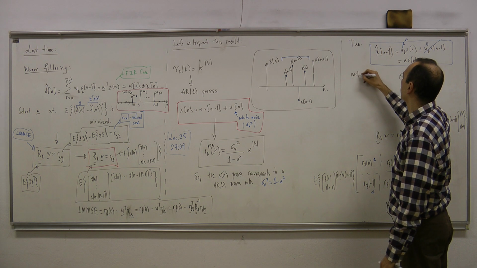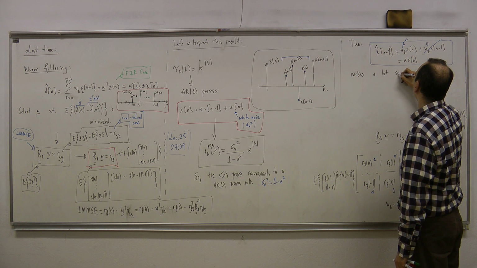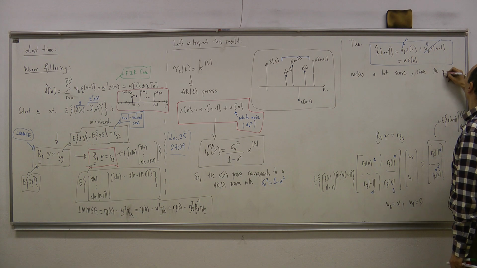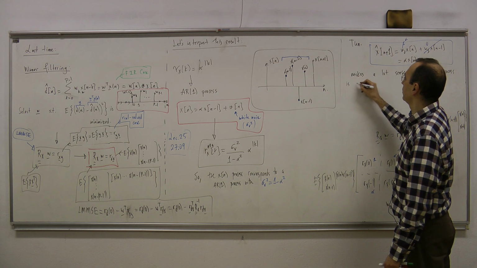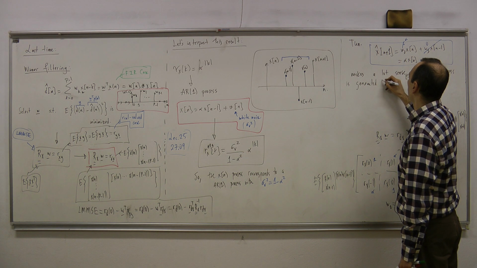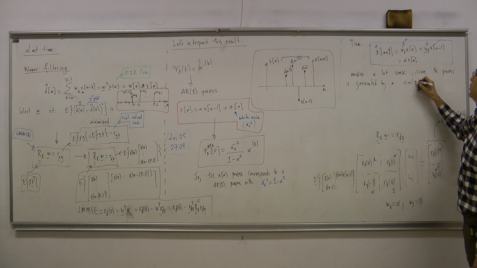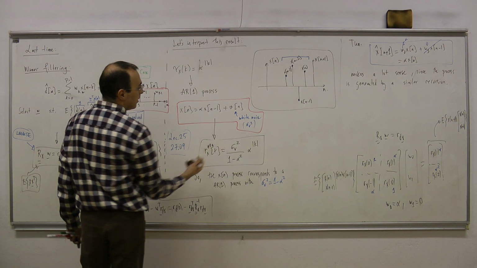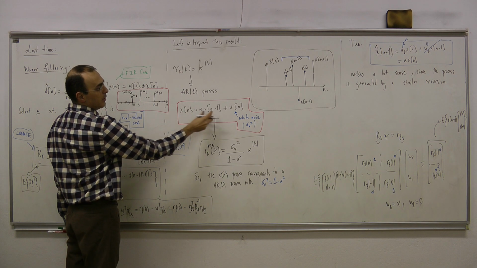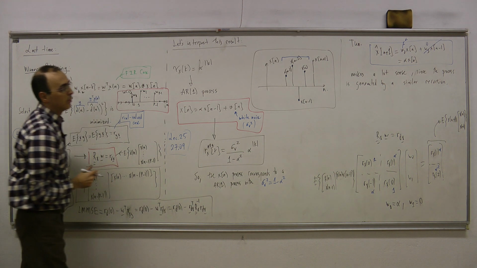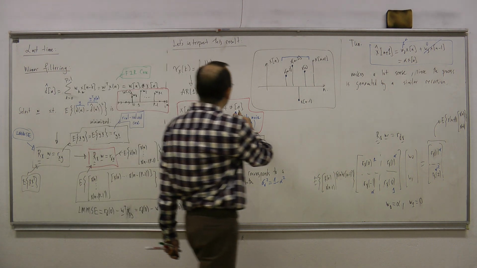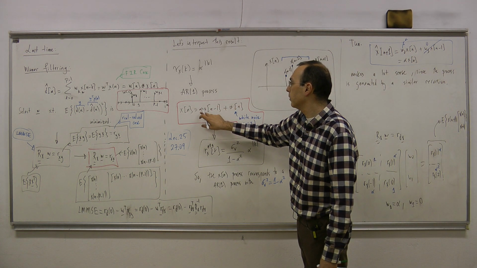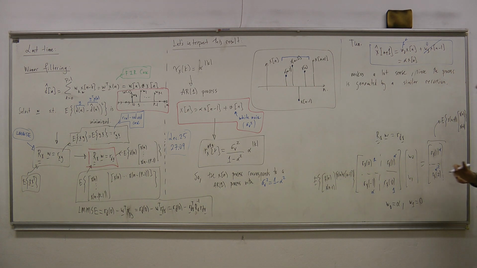This makes a lot of sense, since the process is generated by a similar recursion. So this is the generation of that process, as you see. The next sample is nothing but the current sample times alpha plus some noise. But that is the uncorrelated part, so I can never predict this part. So what is my best guess for this? You can say that the current sample times alpha is your best guess for that.